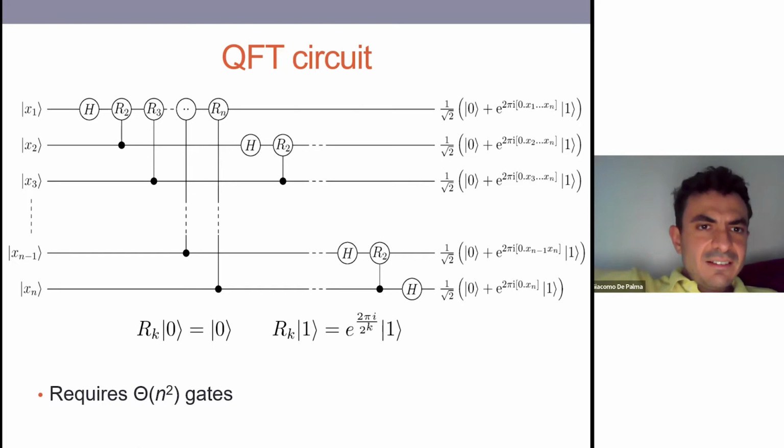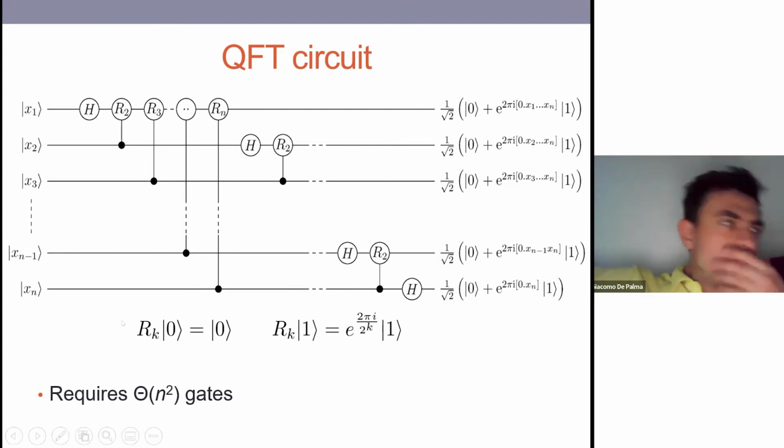And then these gates in the circle are the gates that are applied when the control is active. They are labeled here as R_k. And these R_k gates are single qubit gates that are diagonal in the computational basis.